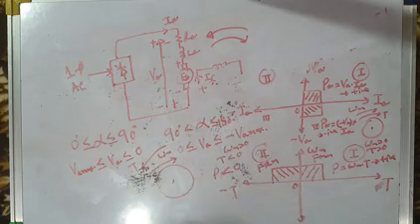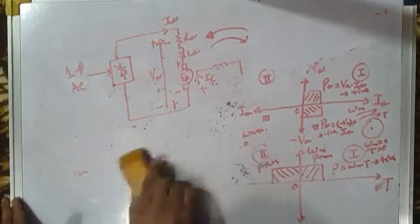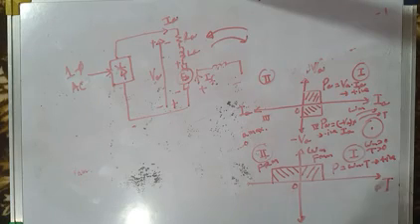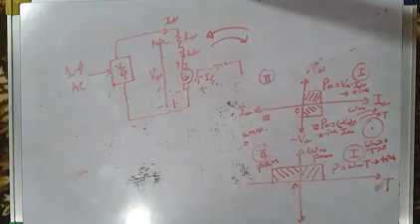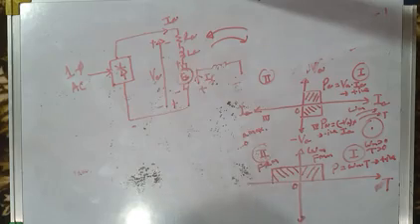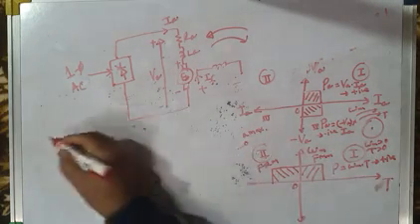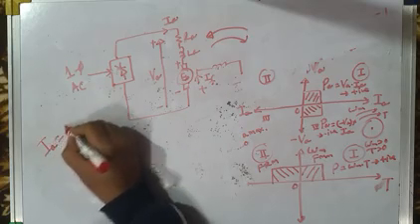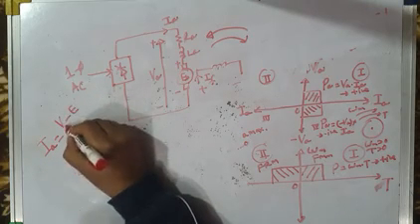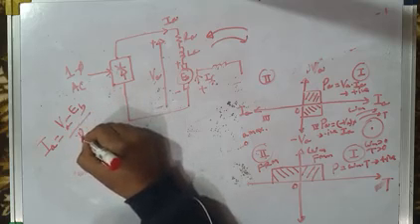So this is what happens in a DC drive. In a DC drive, you can operate the motor either in forward motoring mode or in forward regeneration mode. But we know that armature current IA is given by (V minus VA minus EB) by RA.